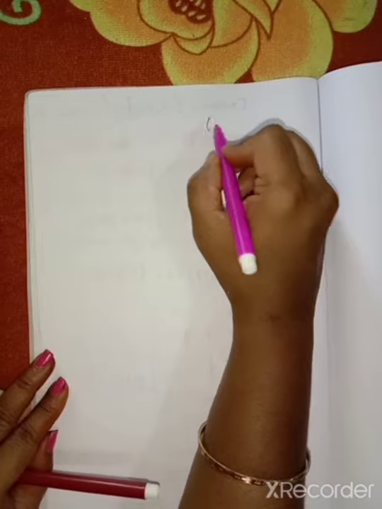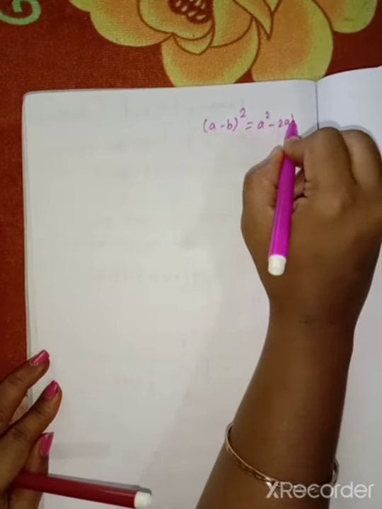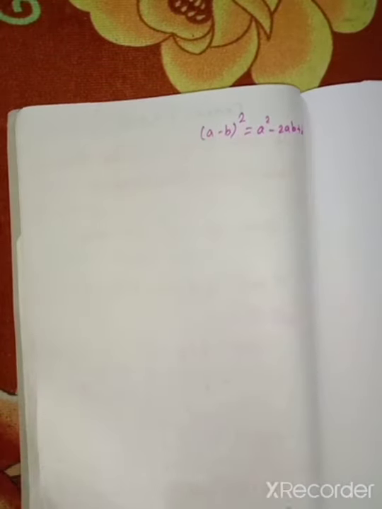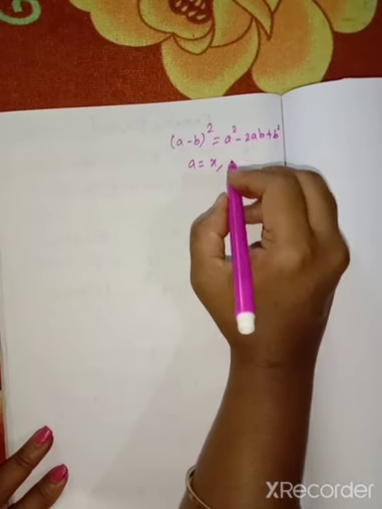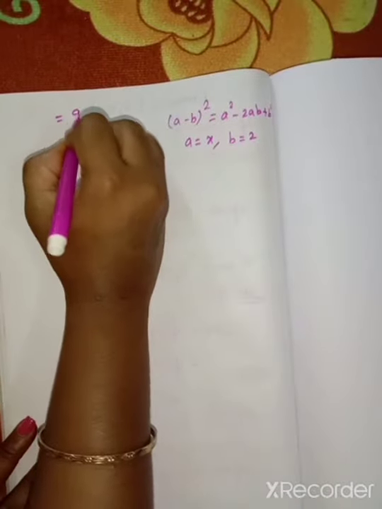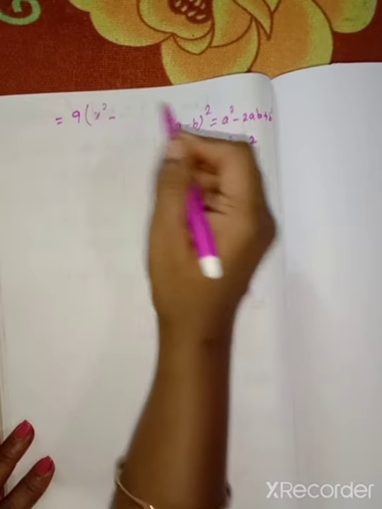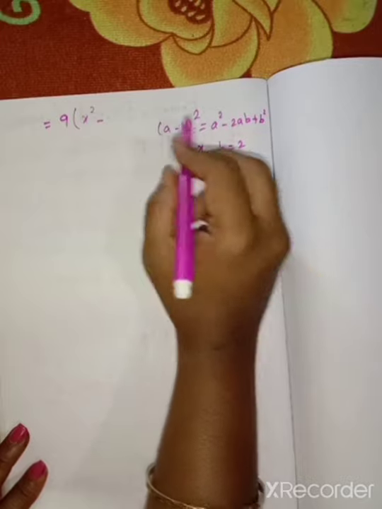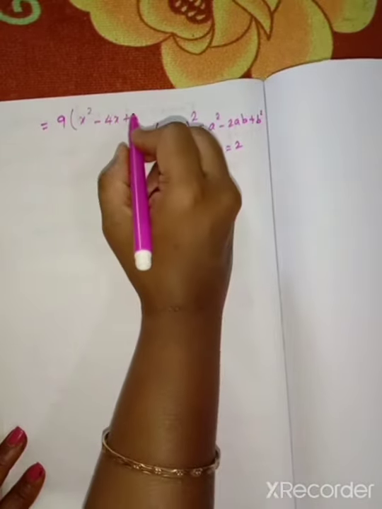So a minus b the whole squared formula we can use: a squared minus 2ab plus b squared. Here x minus 2 is there. So in place of a we substitute x, in place of b we substitute 2. Already we have a 9 there. So now we substitute: x squared minus 2 into 2, 4, 4 into x, 4x, plus here we have 2 squared, 2 squared means 4.